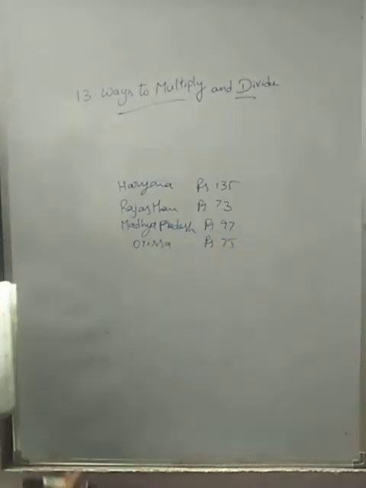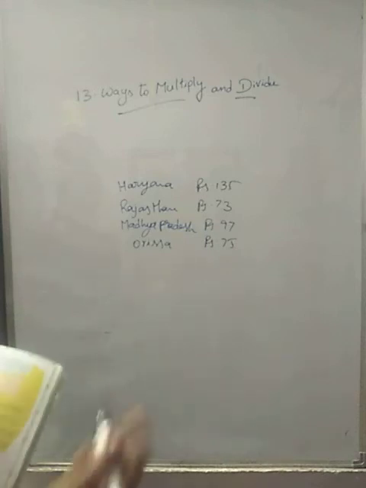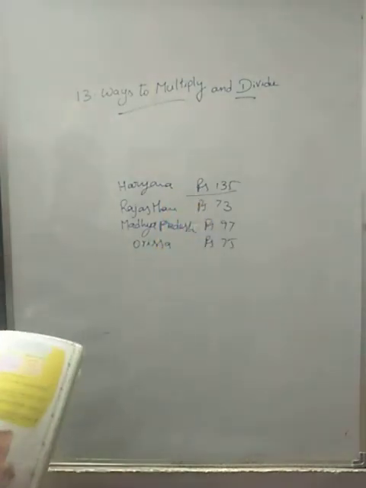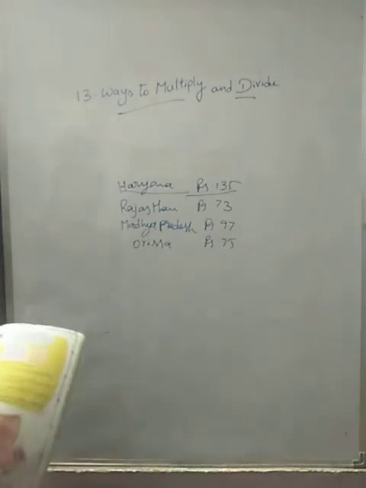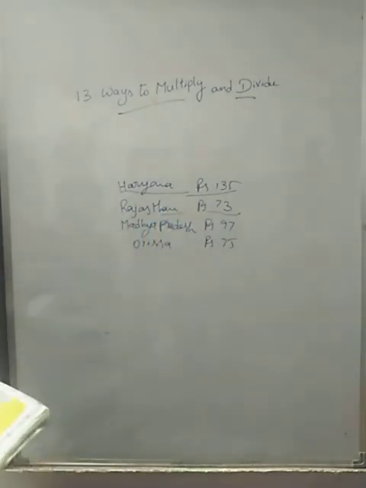This is the announcement in the newspaper. For the farm work, which state has fixed the highest amount? Which state has fixed the lowest? Which is the highest amount? 135 rupees. That is Haryana. Which is the least amount? 73. That is Rajasthan.